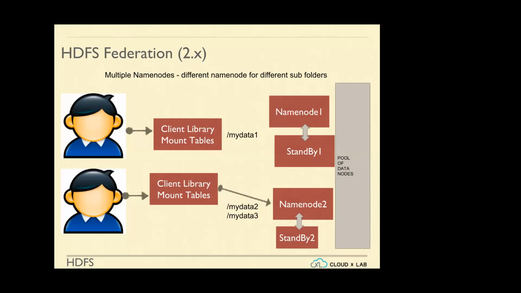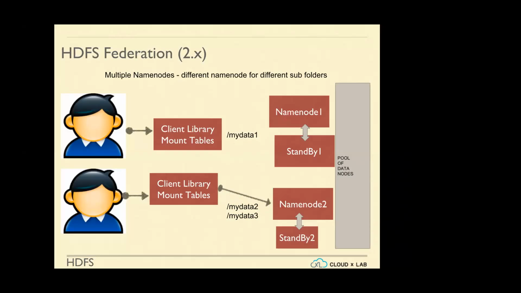The moment you install a new name node, you update the mount tables on all the machines. When the user uses it, the client library consults the mount table to check which name node to go to, and that is a function of which folder we are accessing. For example, the request for my data one goes here, while the requests for my data two and my data three go here.